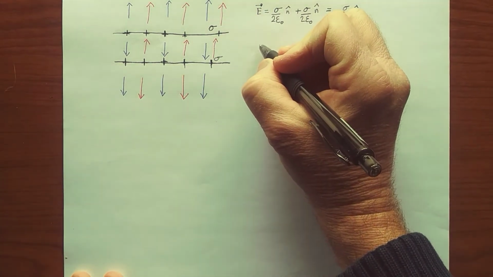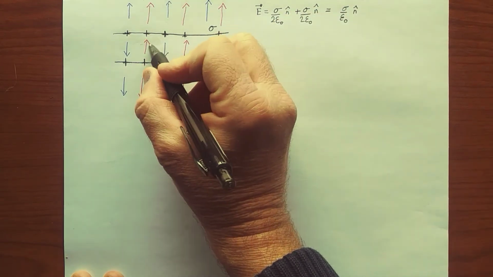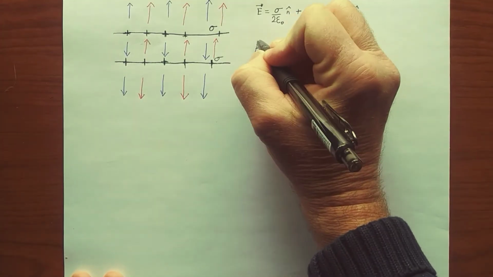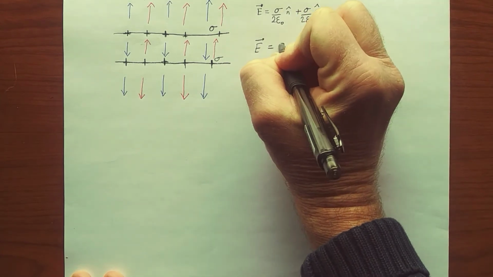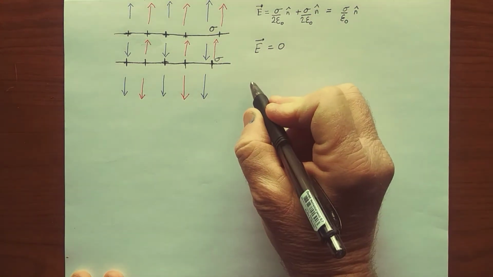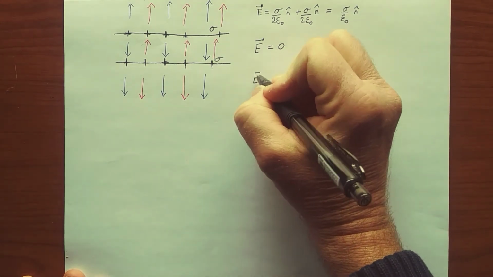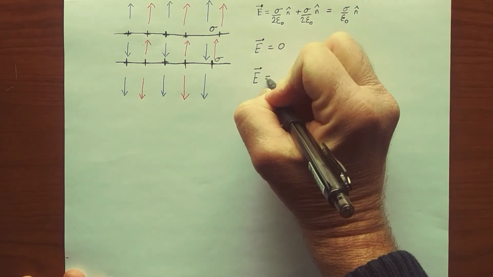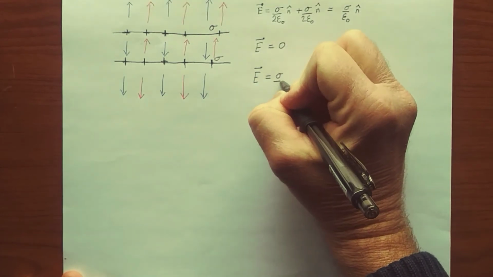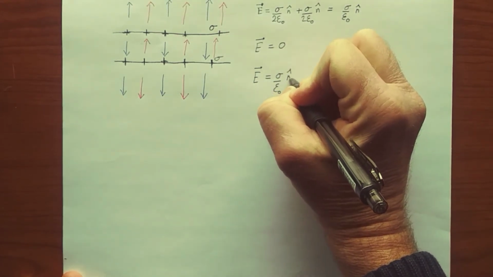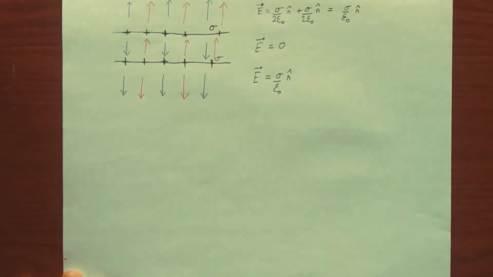And here we can see that the fields are equal and opposite, so the net electric field in there is actually 0. And we get the same thing here, except the electric field is downwards, but I guess we could use the same symbol. N hat means just normal to the surface, and normal to the surface down here means downward.